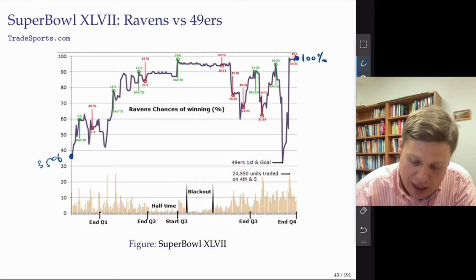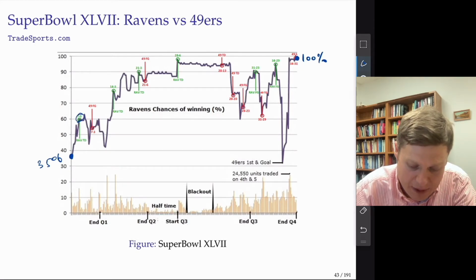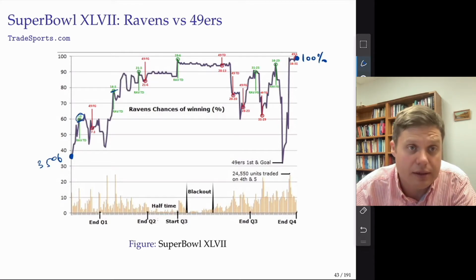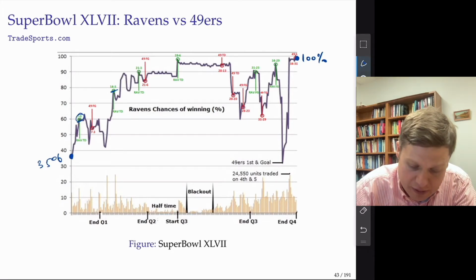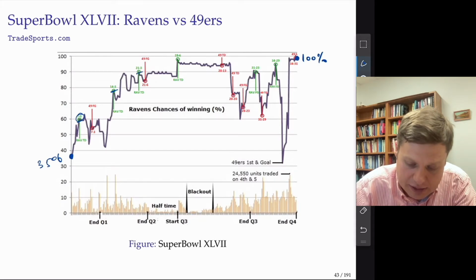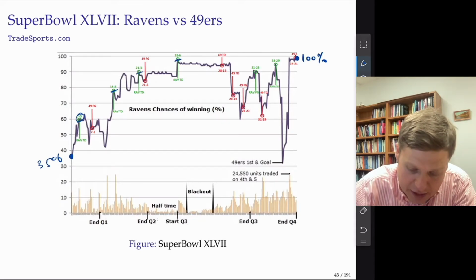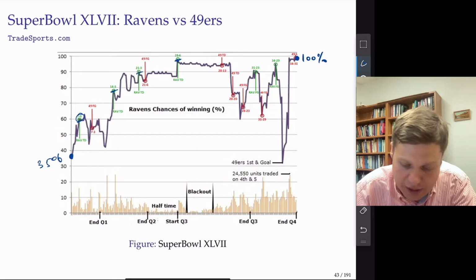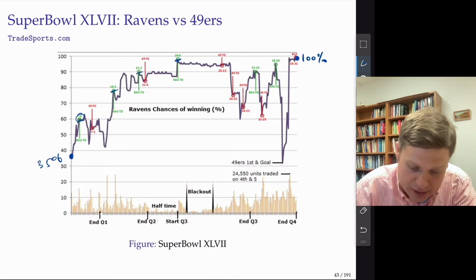As the Ravens scored, this score was 7-0, the chances went up. Then the Ravens scored again, 14-3, so chances went up again. Then they scored again, chances went up again. And then they scored again, 28, and it looks like that was the peak, 28 to 6, and the chances were close to 100% here.